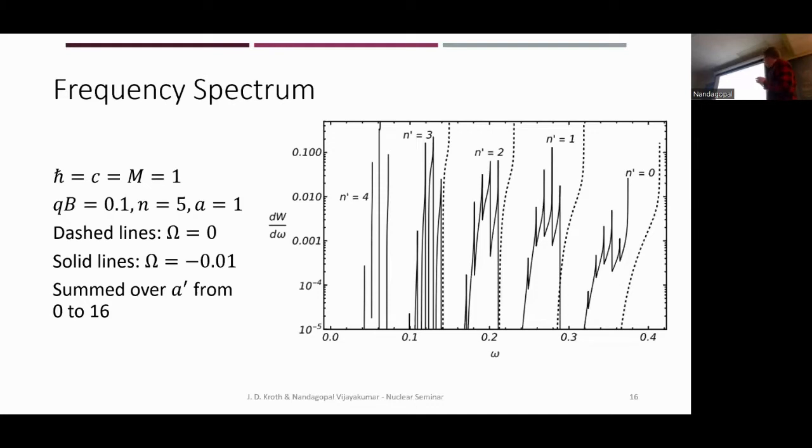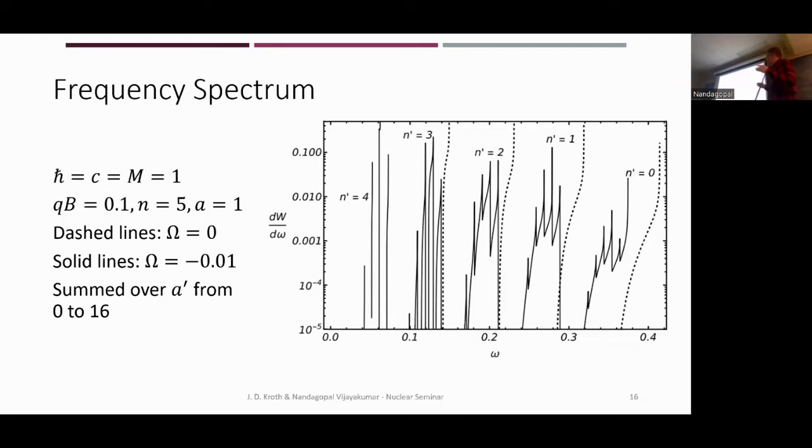You can eyeball it here, but these maxima of the peaks are roughly equally spaced. Each spacing is about omega. Each peak is shifted down by m omega from each non-rotating case. Finally, we only sum over a few of the allowed a primes here.